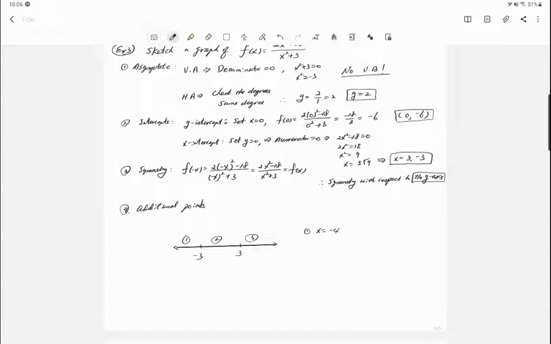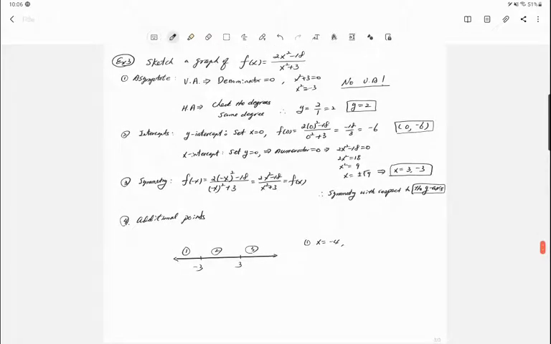Let's use negative 4. The numerator is negative 4 squared, which is 16, times 2, minus 18, which is positive. The denominator is always positive, so the result is positive. This area is positive.